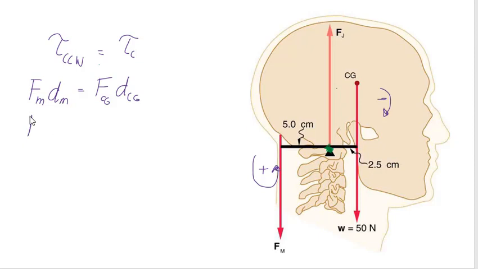So if we are looking for Fm, it's just Fm equals the weight of the head times the distance of the center of gravity, divided by the lever arm of the splenius muscle. The force now is 50 newtons, times the distance, which is 2.5 centimeters, so convert it again to meters, that's 0.025.